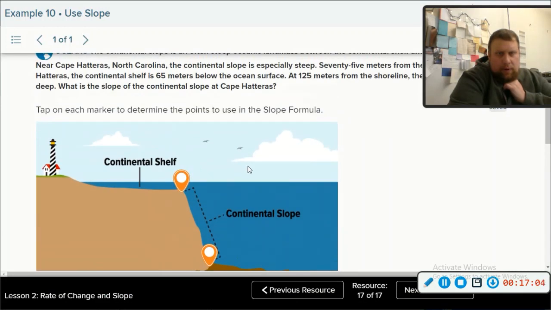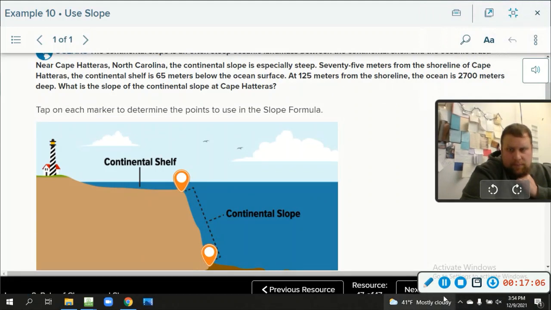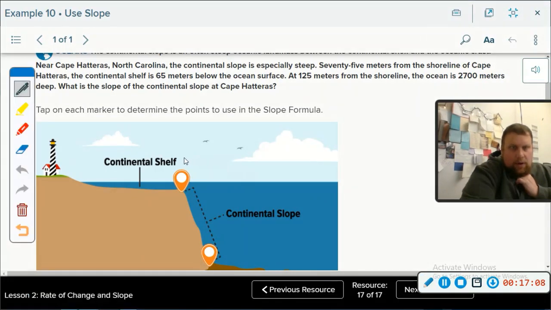Okay, so let's look at this. What does it say? At 75 meters, so 75 meters from the shoreline means we're going this way 75 meters. So 75 meters is my x.